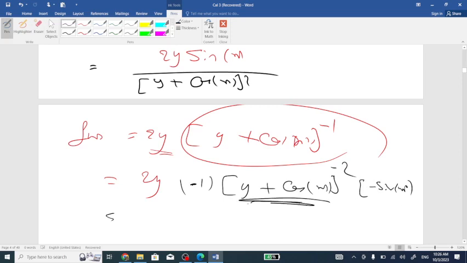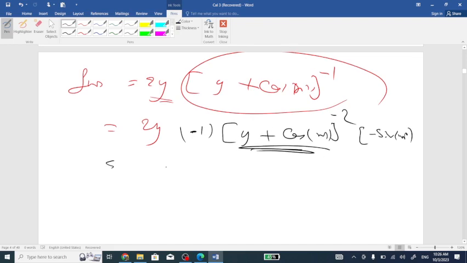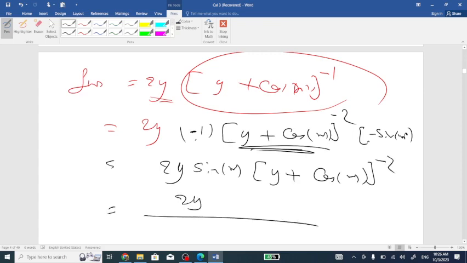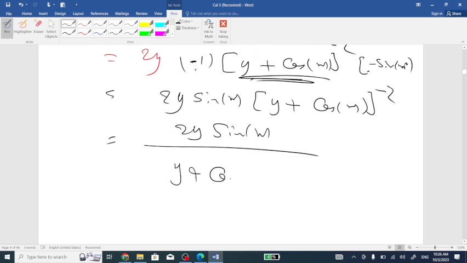So you will get 2y times sine of x times (y plus cosine of x) to the power minus 2. Then I can rearrange it, and I will get the same. But instead of bringing it down, it is better to do it like that. Up to you. If you like it, use your way. Nobody can say you are wrong. You got it, yes? We solved it by two methods.